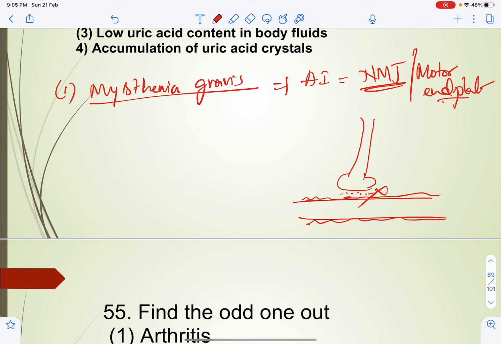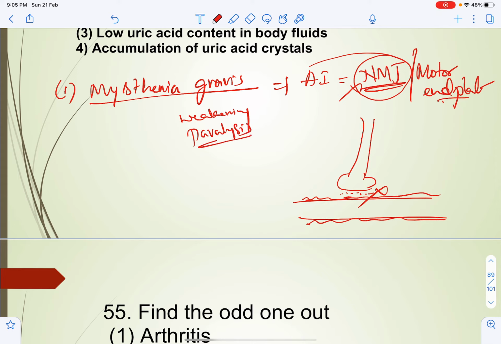If the NMJ is affected, it generally leads to fatigue, weakening, and paralysis of the muscle fibers. What is paralysis? The complete or partial loss of muscle contraction. Because of the NMJ being affected, it may lead to weakening of the muscle fiber, which may lead to paralysis.